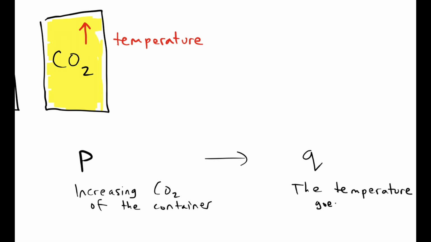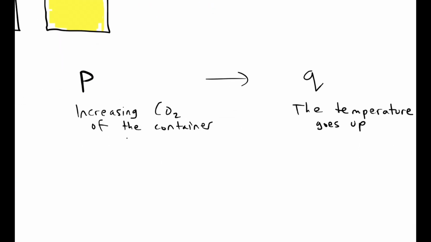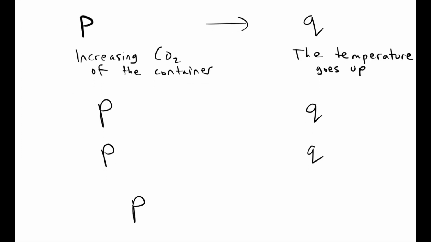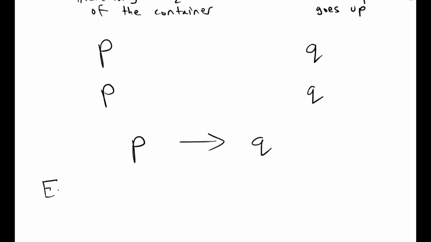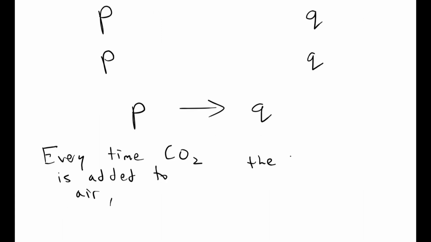And eventually you might come to the general conclusion that every time P occurs, Q will follow. So if you observe P and observe Q and observe P and observe Q, eventually you'll just say, well, this is always going to be the case. So every time CO2 is added to normal air, the temperature goes up.